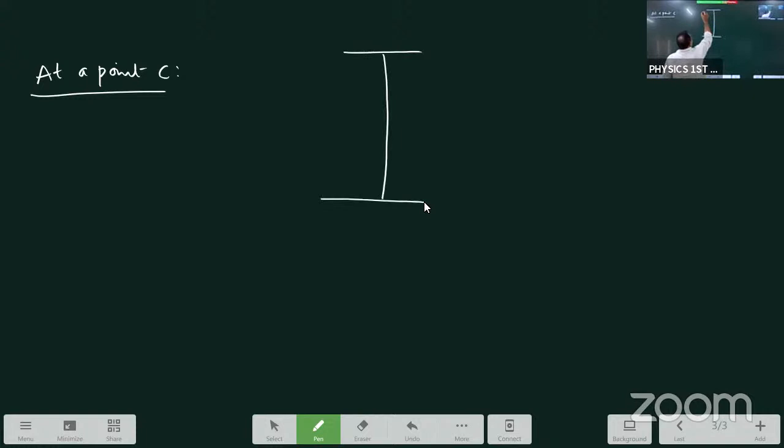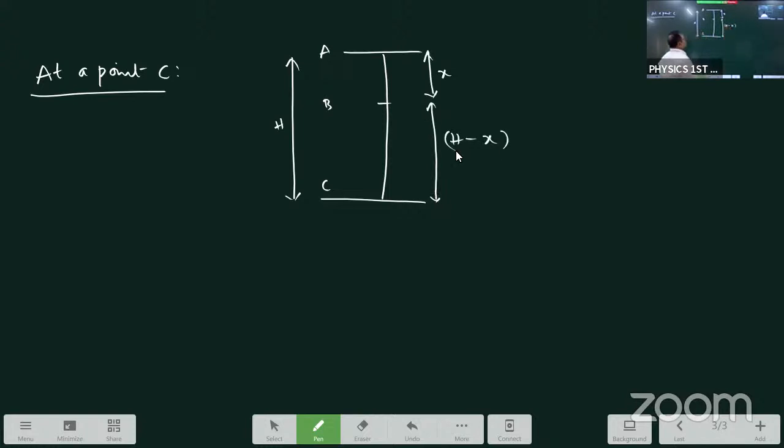At point C. Once again, I will draw the diagram here. Total height is capital H. This is x and this is H minus x.